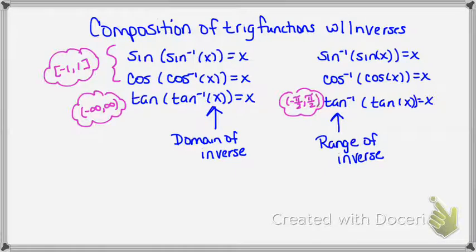And I use parentheses because remember at negative pi over 2 and pi over 2, there's a horizontal asymptote, okay? For cosine, that's between 0 and pi. And for inverse sine, it's between negative pi over 2 and positive pi over 2.